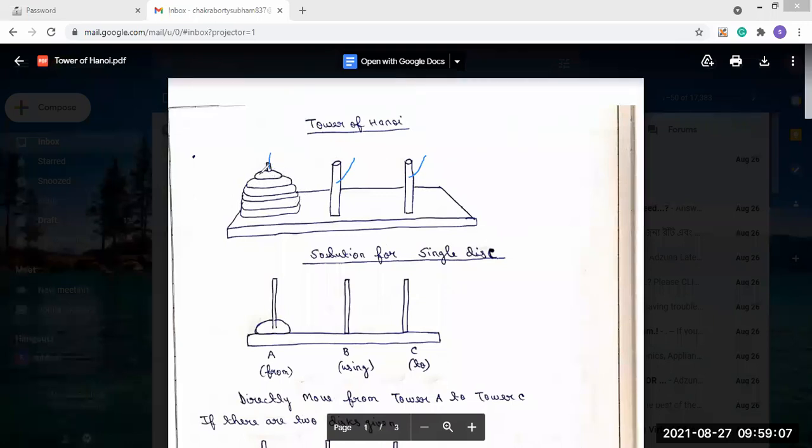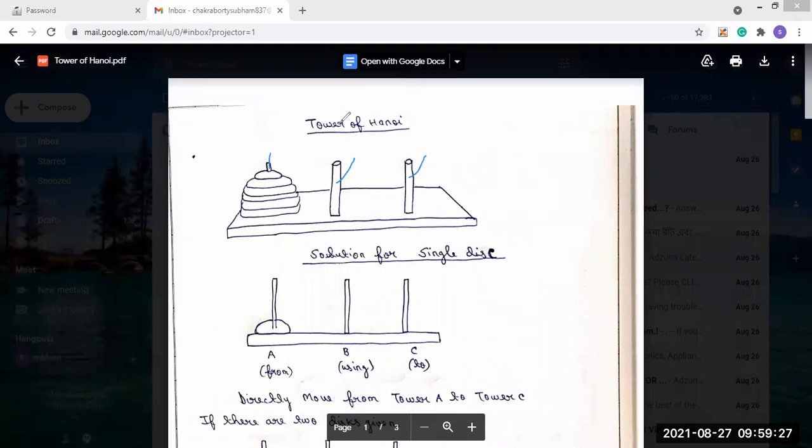The topmost disk will be the minimum size disk. So like this they are arranged.